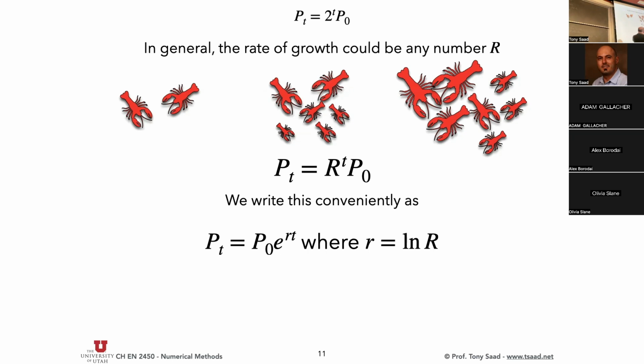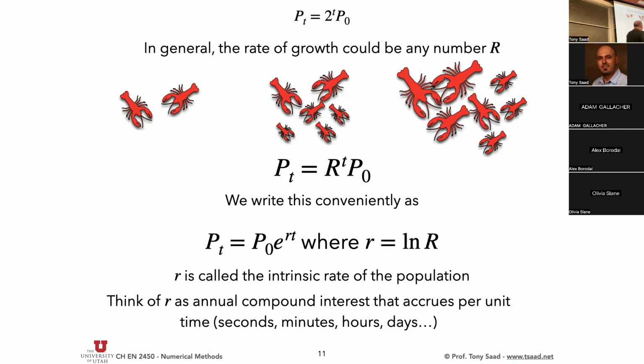So we write this as P naught e to the power rt, where lowercase r is now equal to log R. So from now on, think of this lowercase r as an intrinsic rate for the population, like compound interest or compound division or population growth. There's nothing fancy about this formula. It's just a way to rewrite that other formula to introduce exponentials, because it's easier to differentiate exponentials. Great so far, no mystery, nothing out of the ordinary.